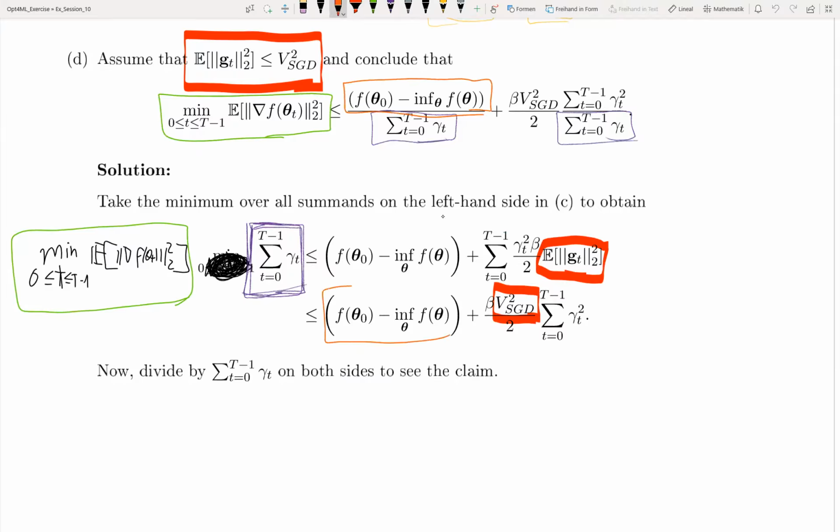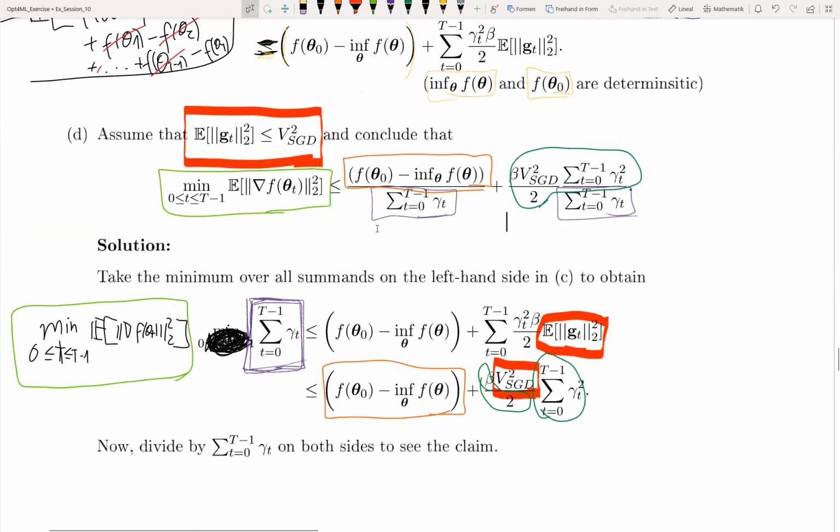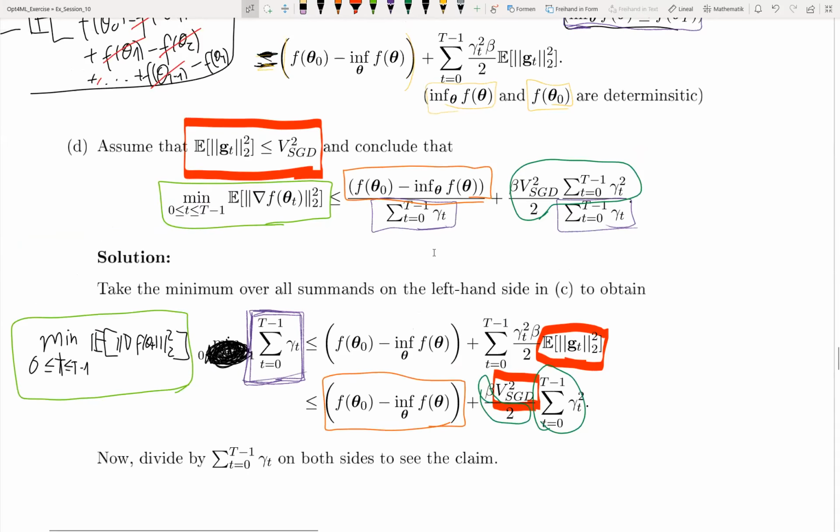Here, this is that one, and this is that one. Okay, so we see this is easily inferred from what we have before.